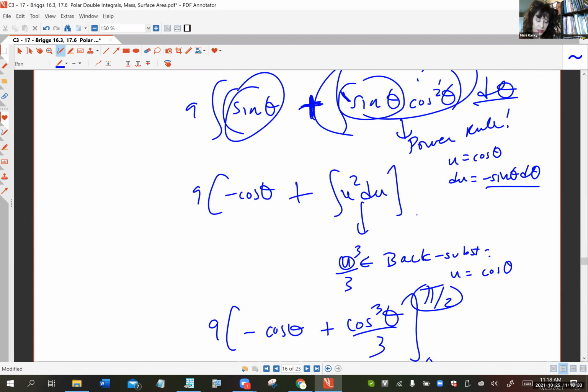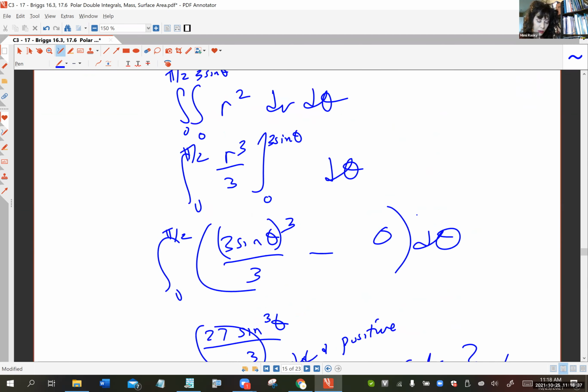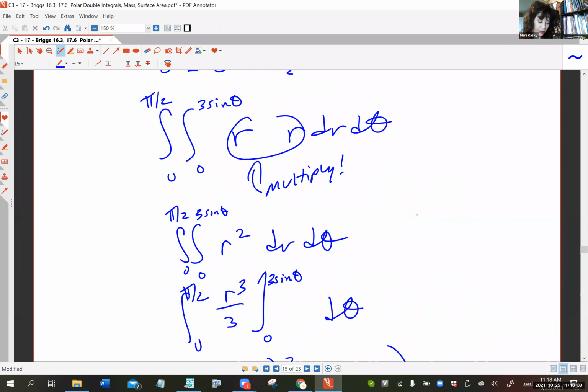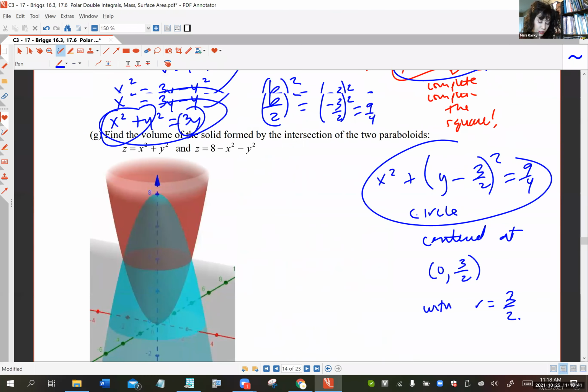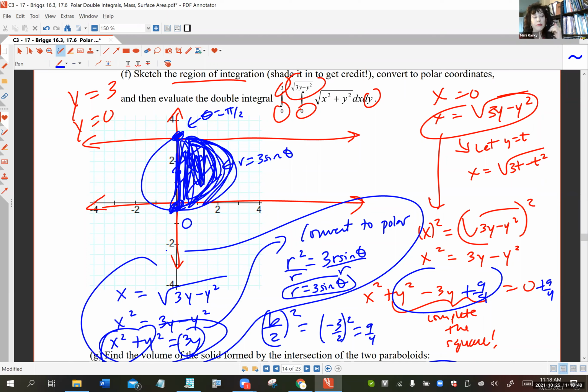So a little bit of Calc 2 knowledge was required here. Powers of trig, you may have remembered, and then also having to convert an equation to polar. And that is an important concept. Okay, and you may have remembered doing that in your Calc 2 as well. That's a Calc 2 skill that they taught you at the very end of your Calc class.